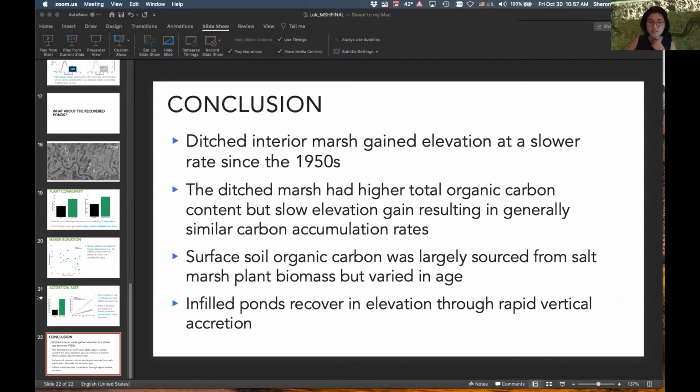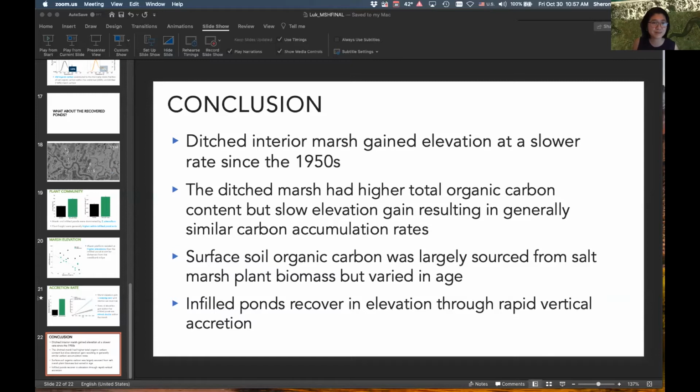Both of these would be considered recycled organic carbon. And so the point that I want to make is, if we're including this recycled material in carbon burial on an annual time scale, we're almost overestimating because there's this reused marsh component in the marsh platform.